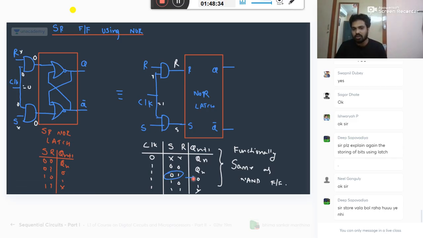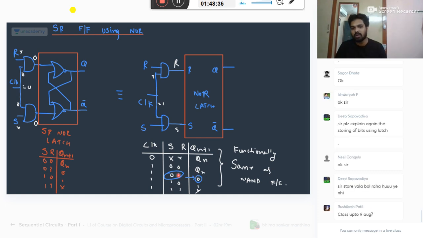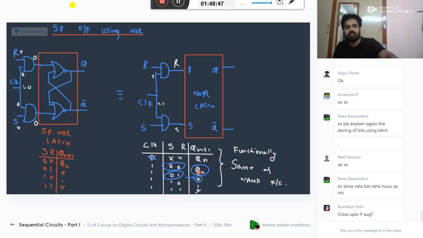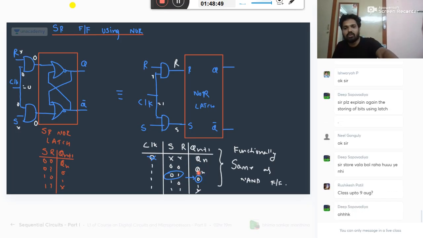It will store 0 in the output. Then you remove the clock or make the inputs 0,0, anything is okay. It will be in the no change state. No change means what? It will stay at 0 only. Class is up to August 8th. Similarly, if you give 1,0, it will store 1, and if you disable the clock, it will keep it as it is.